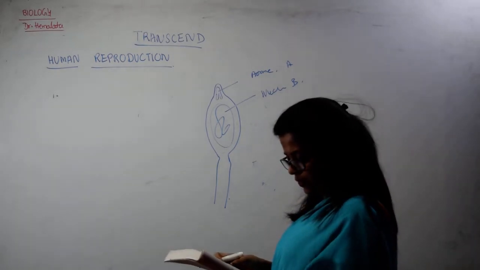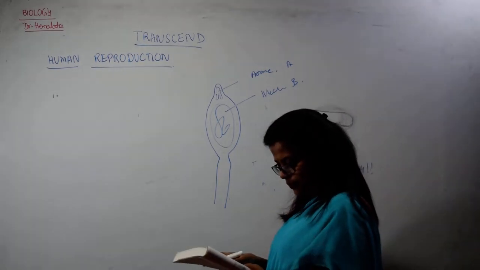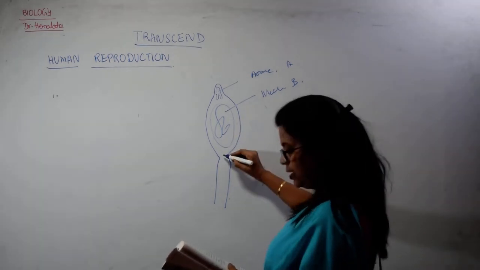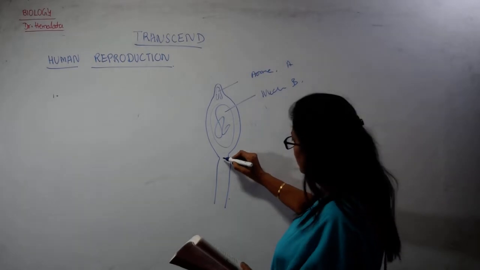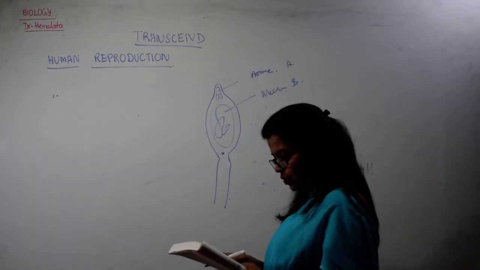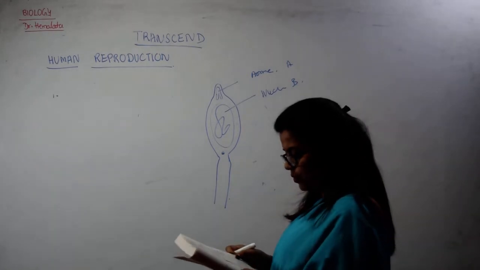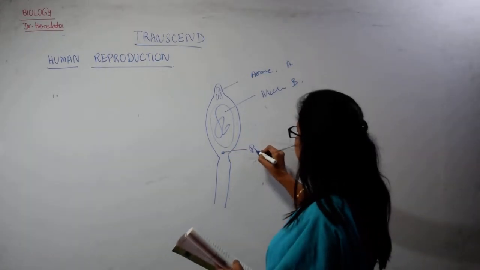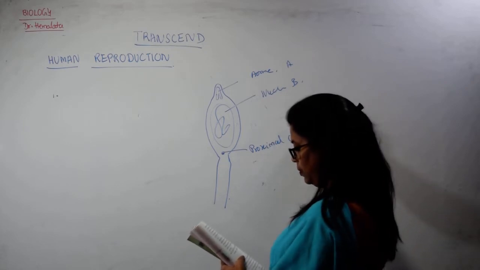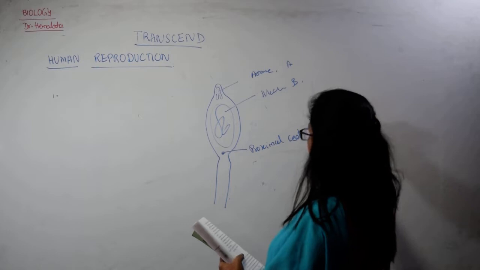C should be given at the neck area. This neck area is not mitochondria. In the neck area you will get a proximal centriole, but the option is not there. We can add it here: the proximal centriole can be the C option.